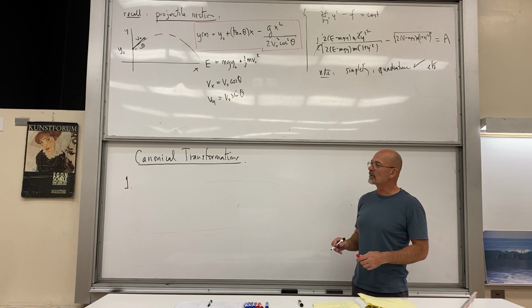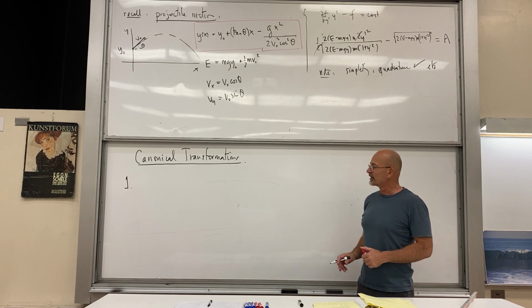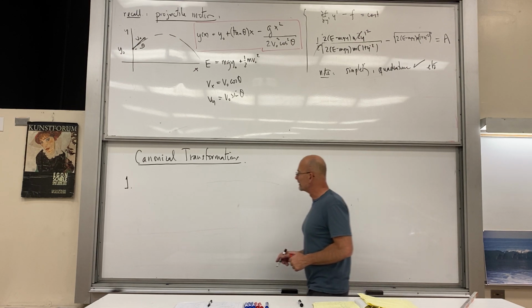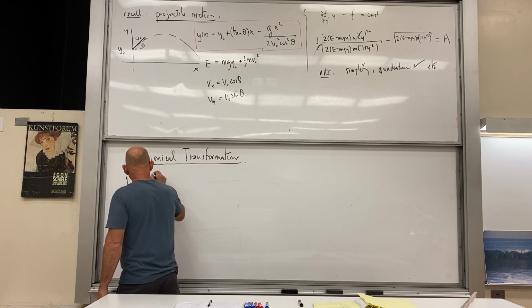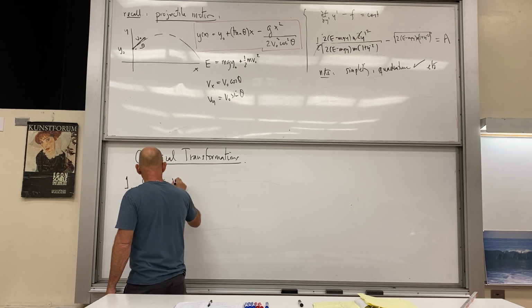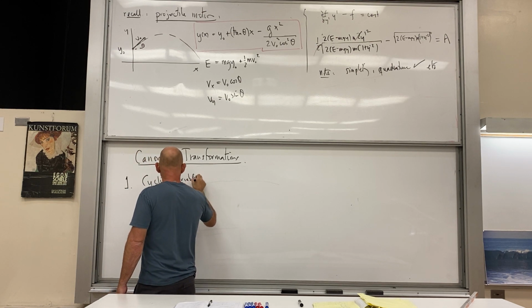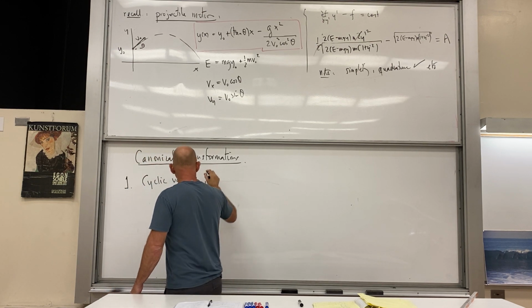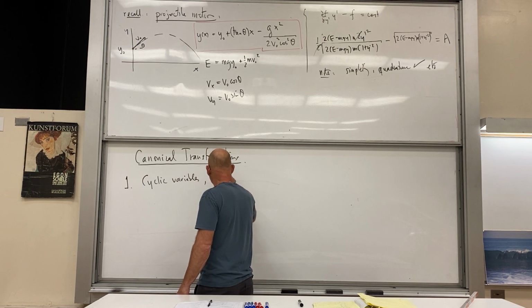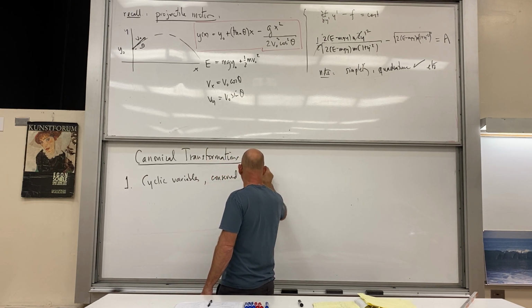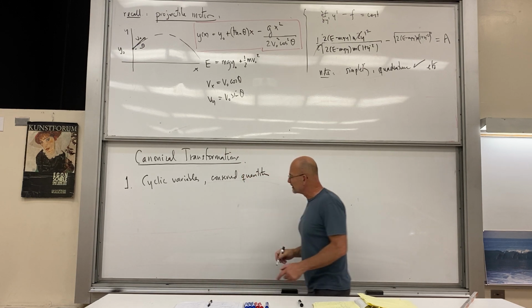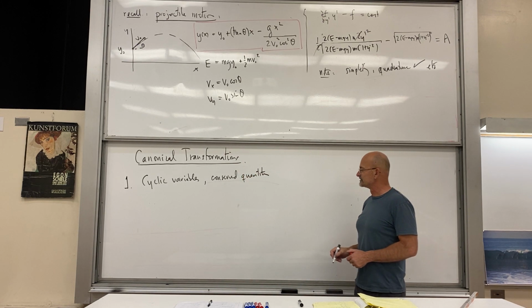Okay, any problem with more than one degree of freedom, we hope to have some cyclic variables. So let's just start with reminding ourselves of cyclic variables, conserved quantities. So that's what allows us to solve a mechanical system.